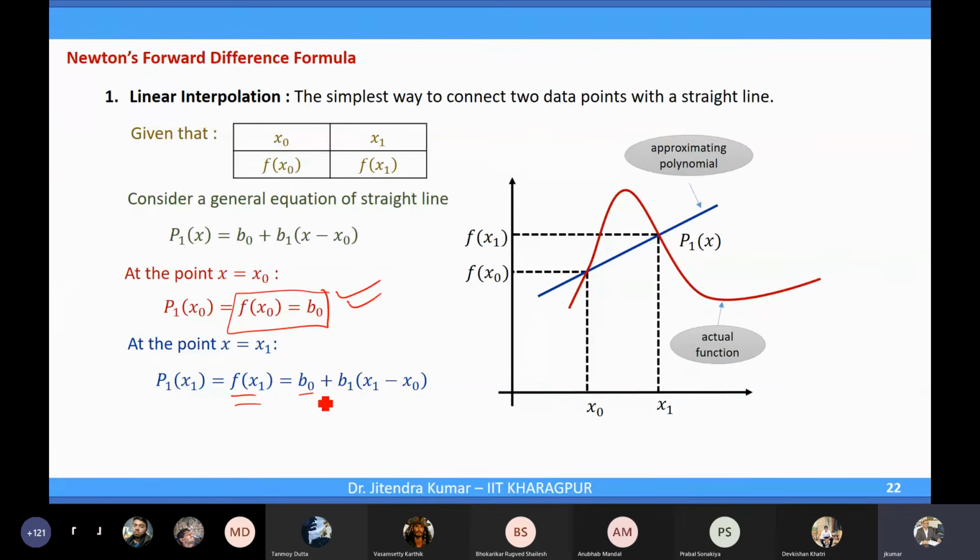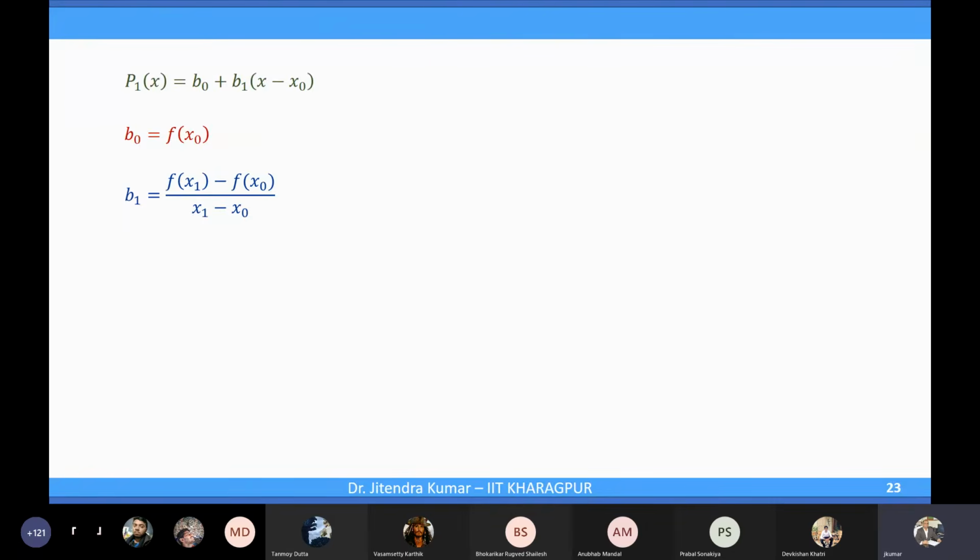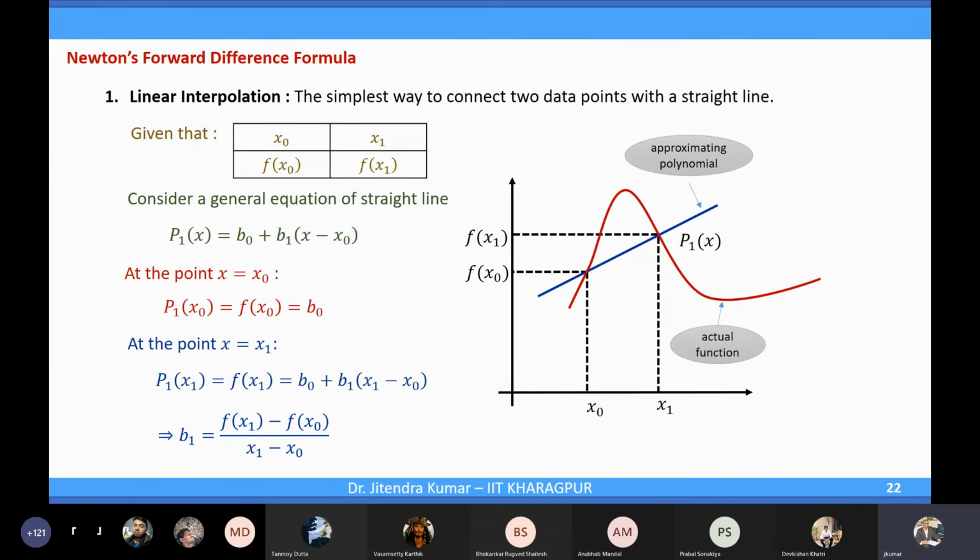So f(x1) is equal to b0 + b1(x1 - x0), and b0 is already known as f(x0). So you get b1 also ready. So we have b0 as f(x0), and b1 from here. So we know the equation.